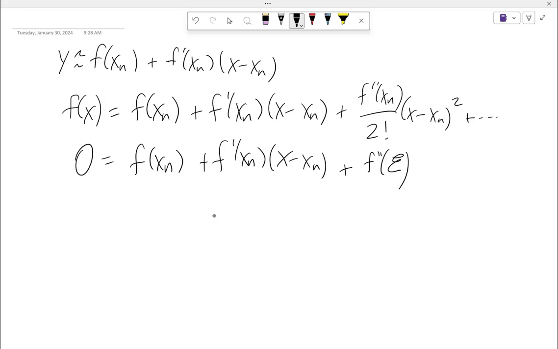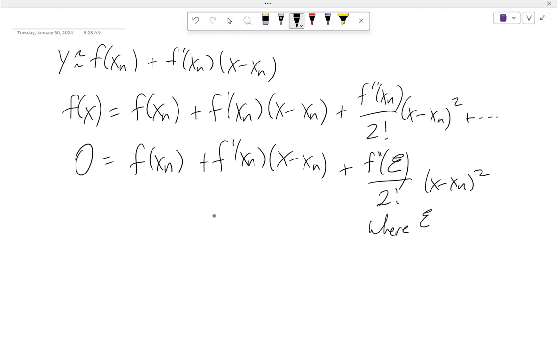Told you mathematicians like their Greek letters. So I can replace this entire piece that we drop off with something that looks like the first term that we drop off, where this value that we picked is in between whatever you're trying to plug in. Oh, I should say x.